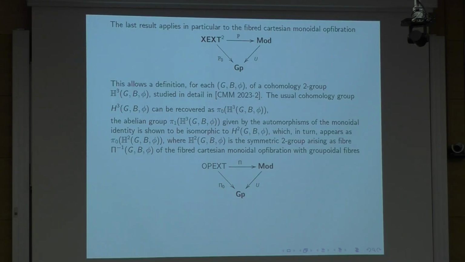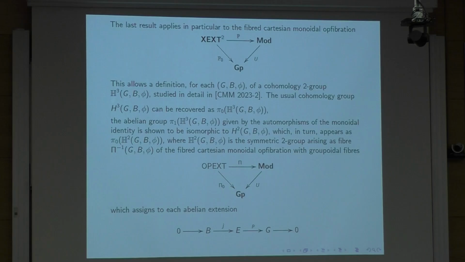So, we can apply our result also to this triangle, which is the triangle given by pi, starting from Opx. Opx is the category of abelian extensions. So, in the case of groups, nothing but extensions with abelian kernel.